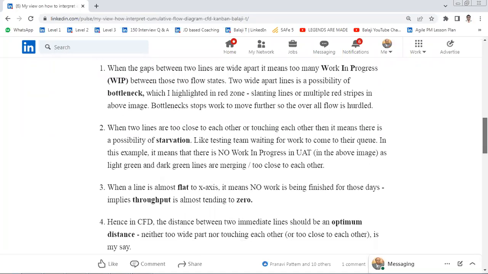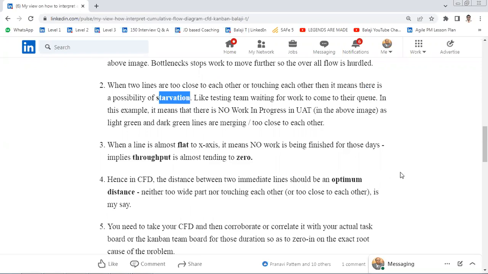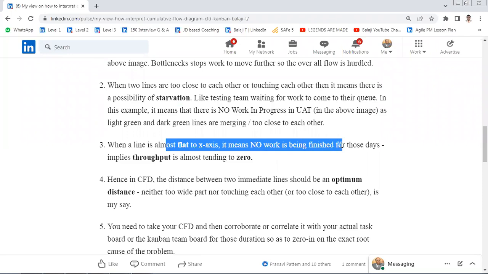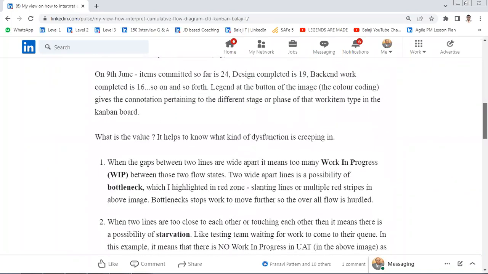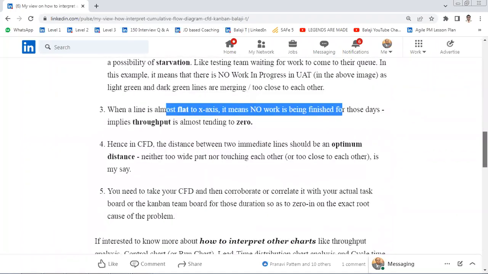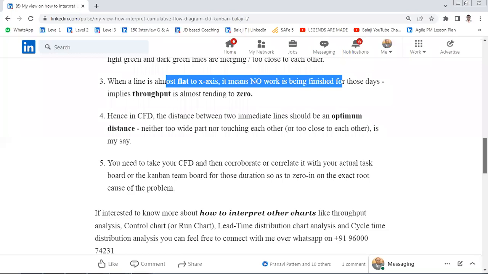At the same time, if the lines are too close to each other, it means someone is waiting for the work from the previous column. And when the line is almost parallel to the x-axis, it means the throughput is 0, because if it has progressed, it will be slanting. It will not be parallel.